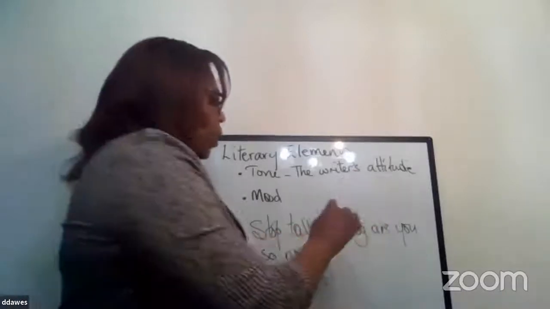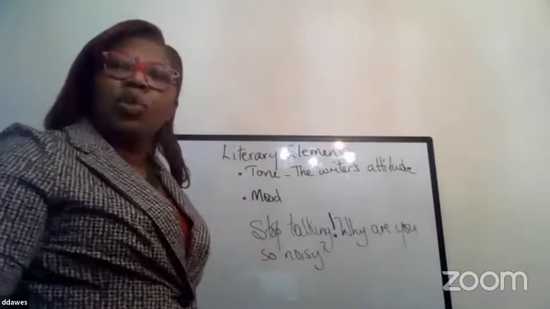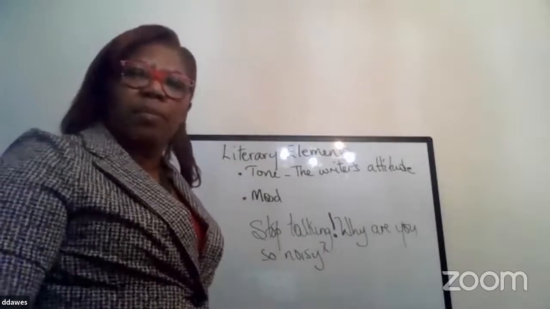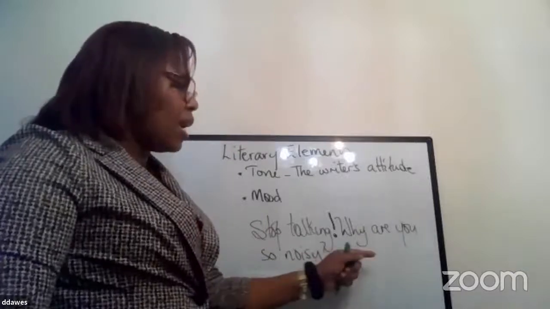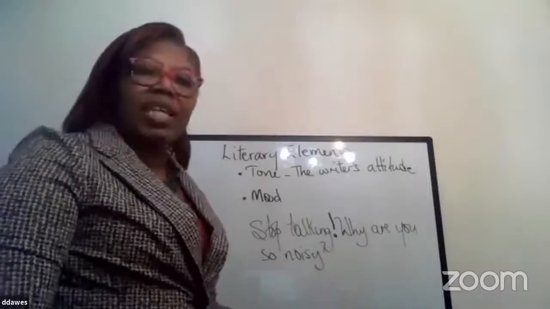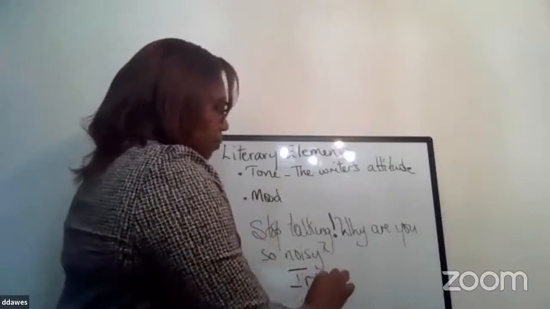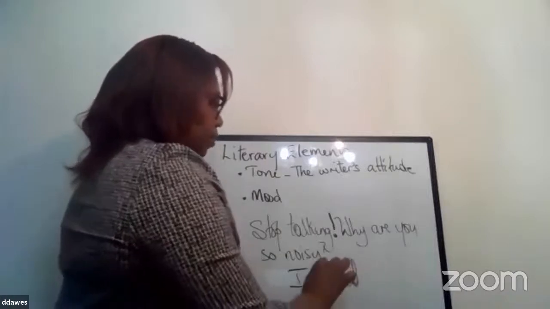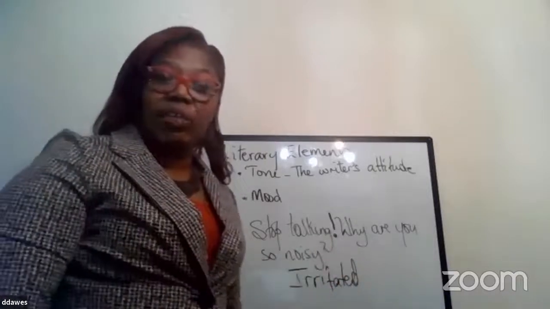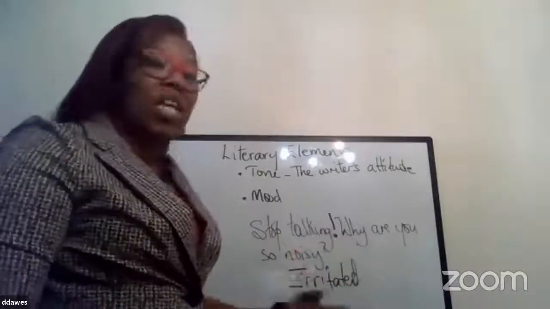But if I put the exclamation mark, it means you can realize that I'm shouting, right? Stop talking! And then, why are you so noisy? You then can say, I am possibly irritated with the speaker because why are you so noisy?